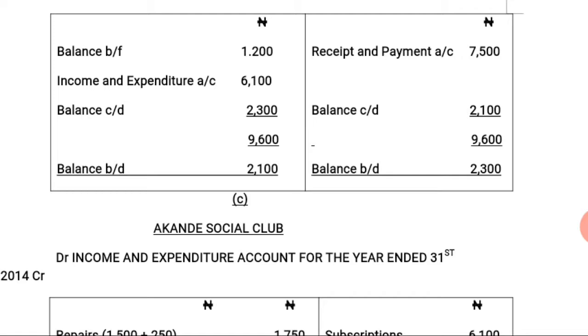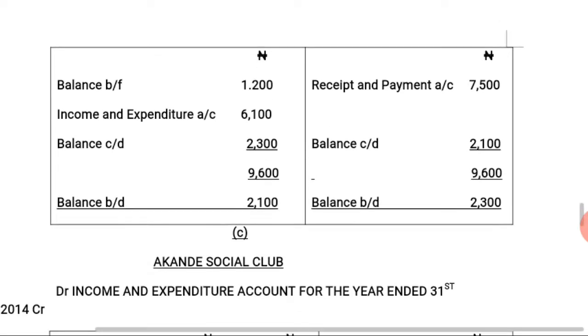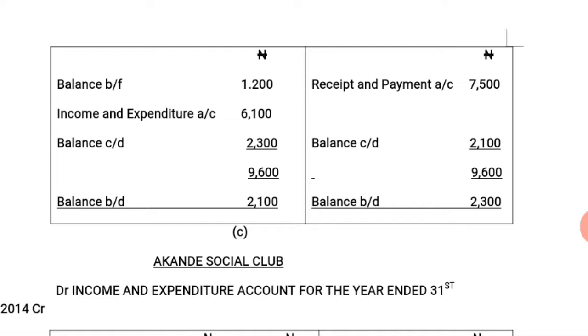By adding that 2,100 to the 7,500 cash receipt for the subscription in 2014, we have 9,600 naira. Then from this total of 9,600 naira, we have to deduct the amount meant for 2013, that is the subscription that was not paid in 2013, which was later paid in 2014. You have to deduct 1,200 from 9,600. We have 8,400 naira.